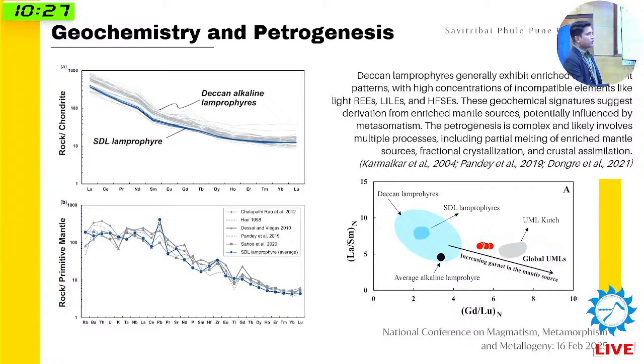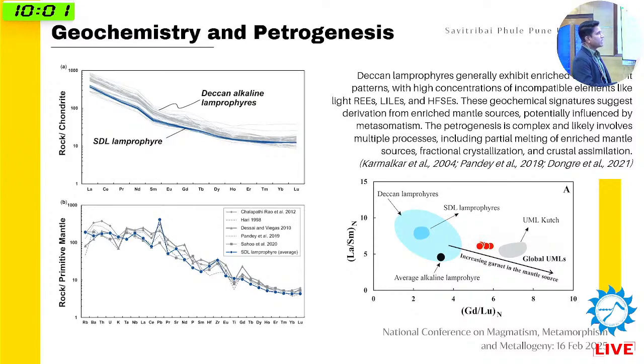One is for alkaline lamprophyres, and another we plotted here the ultramafic lamprophyres. We have higher ratios in the ultramafic lamprophyres that indicates increasing garnet in the mantle source. So we have a garnet lherzolitic source region for UML, ultramafic lamprophyres, and spinel lherzolitic source regions for other alkaline lamprophyres.